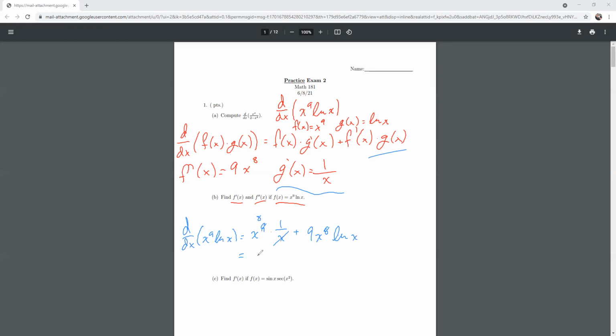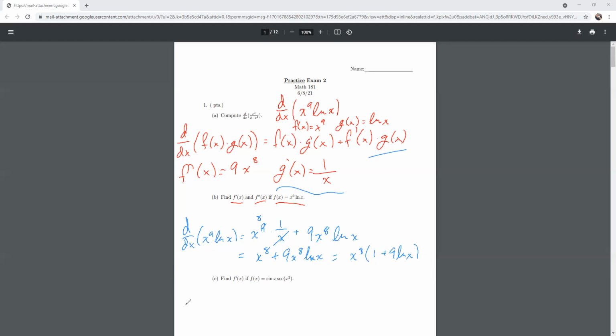And then we're left with x to the 8 plus 9x to the 8 ln x. You could factor it out if you wanted. That would be something like x to the 8 times (1 plus 9 ln x). But it doesn't really matter. Either of these, I would say, are perfectly fine. And there we are. So that is the first part.